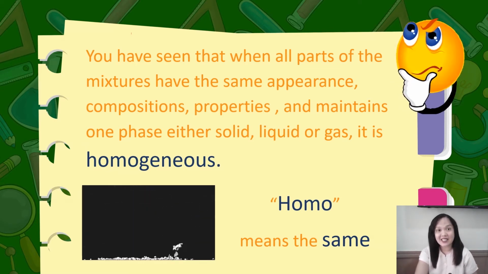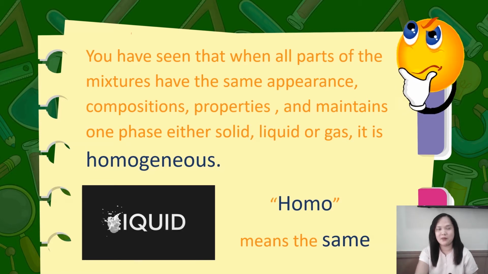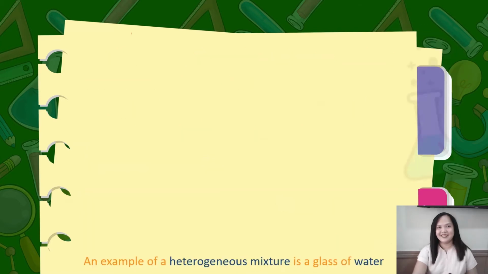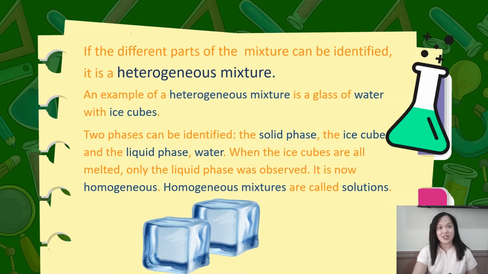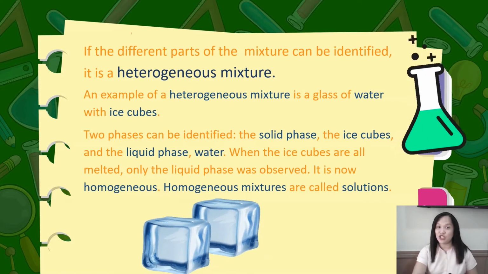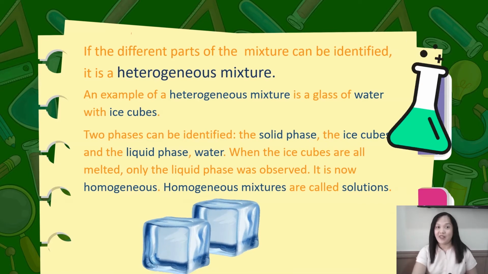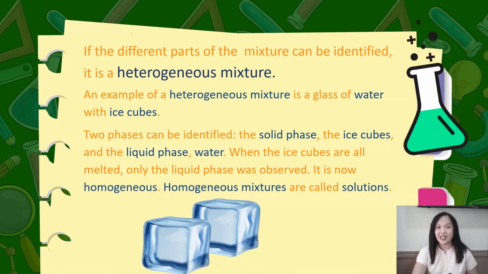it is homogeneous. Homo means the same. You also learn that when different parts of the mixture can be identified, it is a heterogeneous mixture. An example of a heterogeneous mixture is a glass of water with ice cubes.